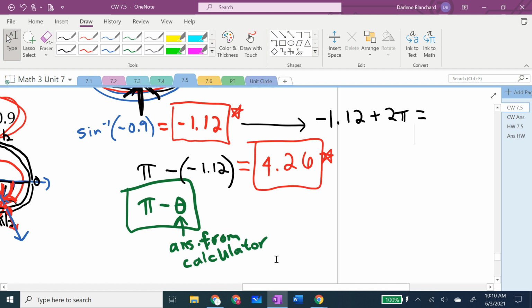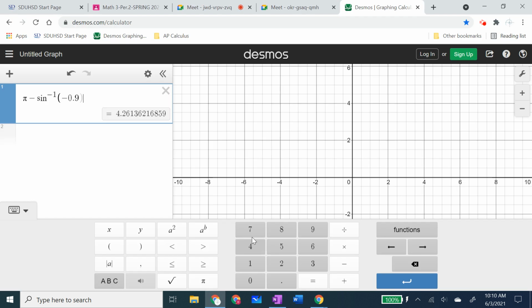And that's going to find me the other answer. And this is just technically the way the problem is being asked. So 5.16.